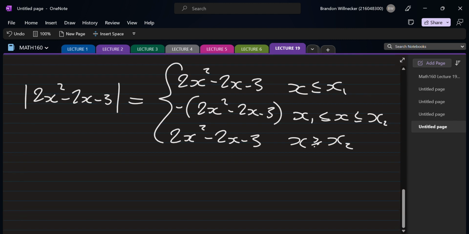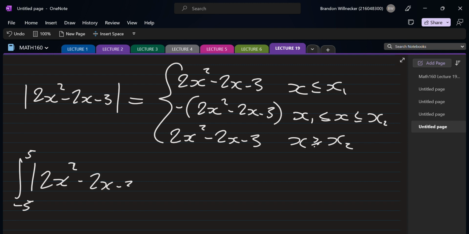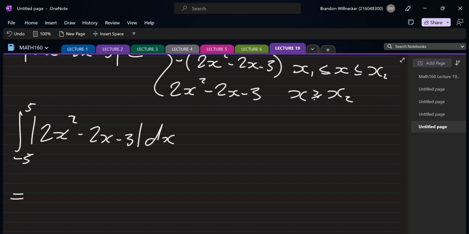We've got the three regions. We can now split up our integral. So the integral from minus 5 to 5 of the absolute value of 2x squared minus 2x minus 3 will split up according to our absolute value function. The first part will be from minus 5 up to the first root.